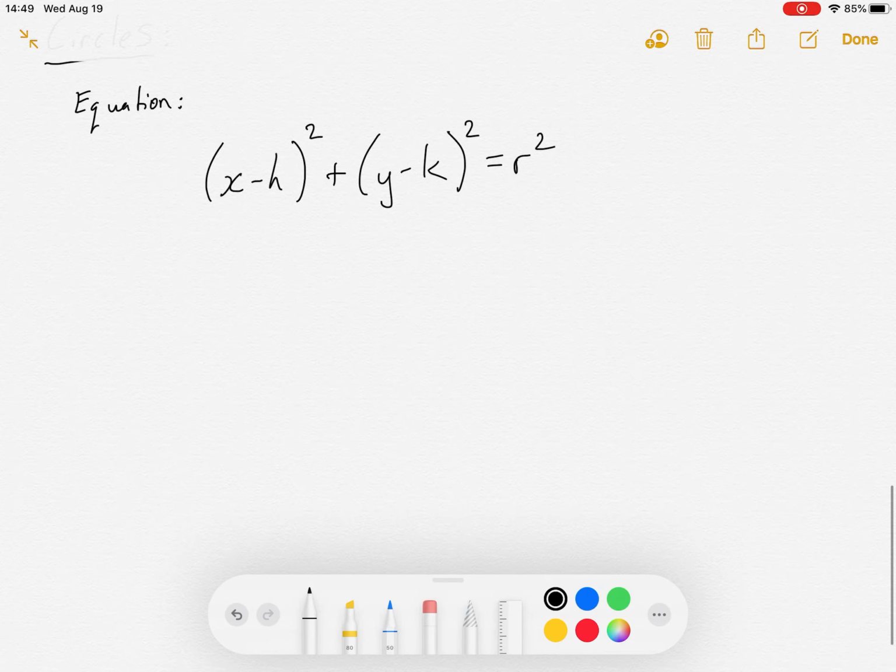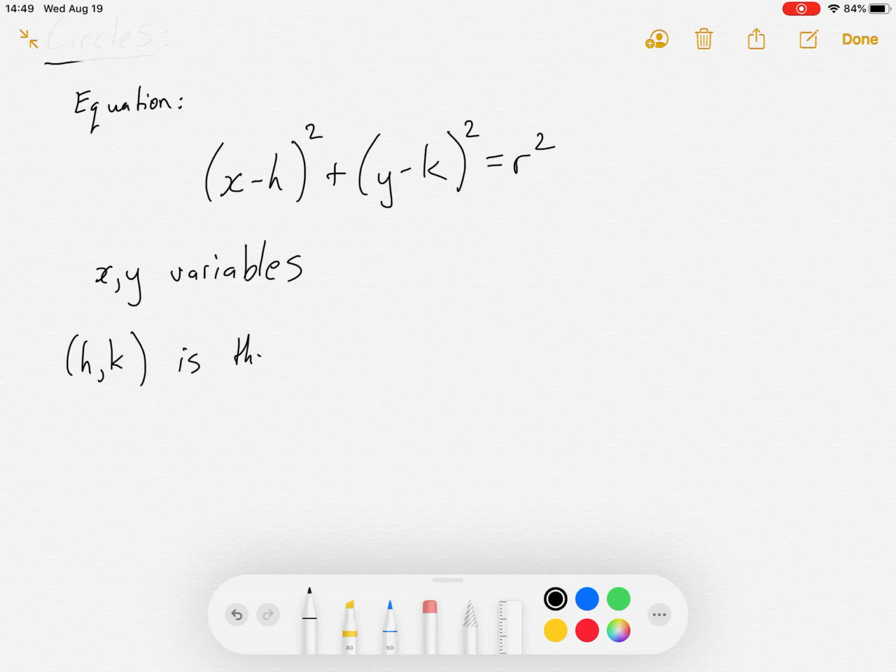Now let's talk about what these mean. X and y are the variables. Those are your typical x and y in any equation. H and k come together to form an ordered pair, and this is called the center of the circle. And then r stands for radius.